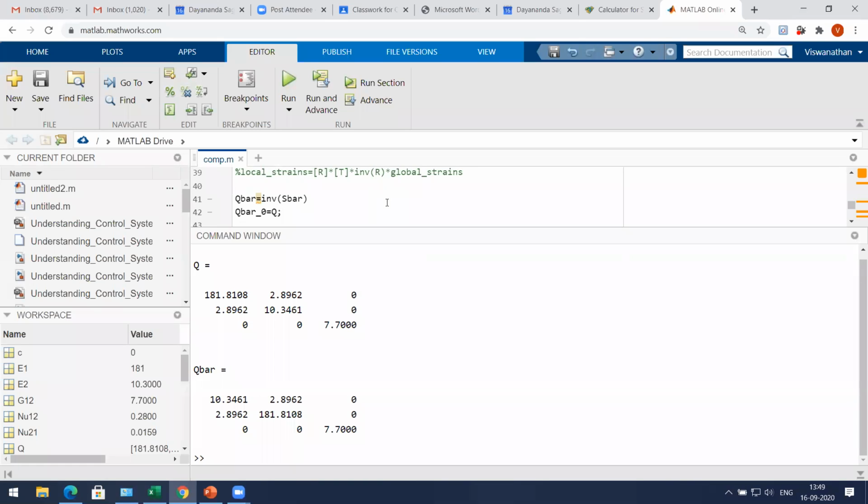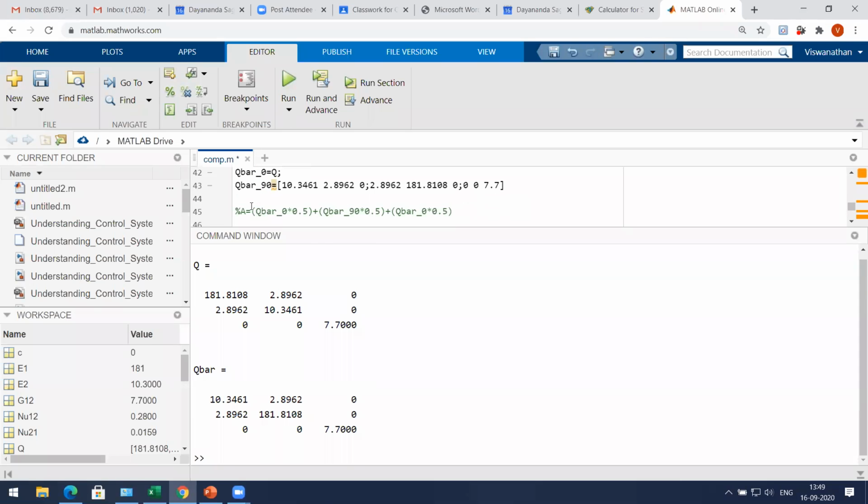So you define Q bar underscore 90 is equal to, you just type this matrix, the Q bar matrix for 90 degree: 10.3461, 2.8962, 2.8962, 181.8108, and 7.7. This is Q bar underscore 90.